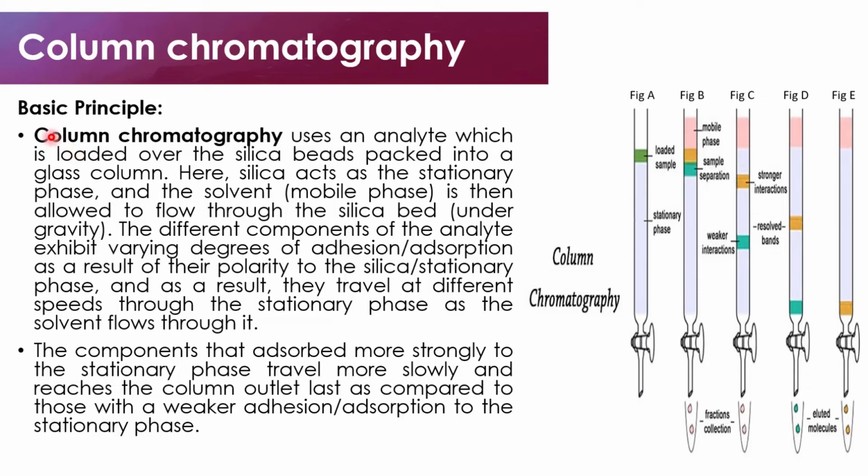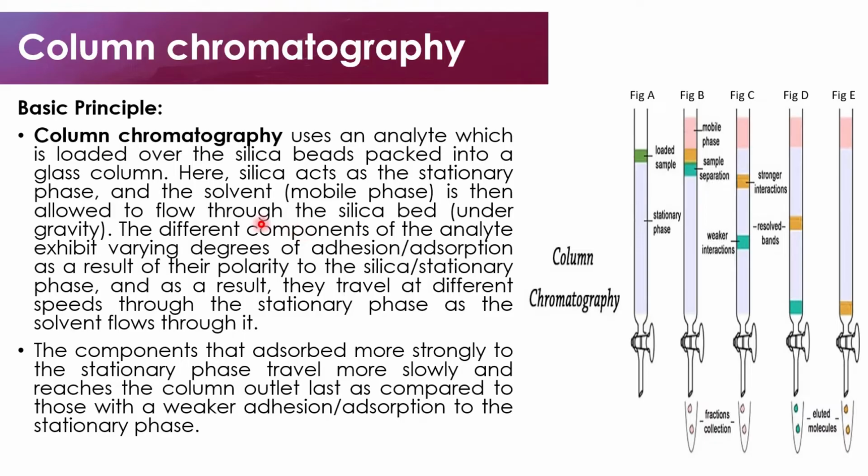For the basic principle in column chromatography, what you have to note is that column chromatography uses an analyte which is loaded over the silica beads packed into a glass column. Here, the silica acts as the stationary phase, and the solvent, which is the mobile phase, is allowed to flow through the silica bed under gravity.